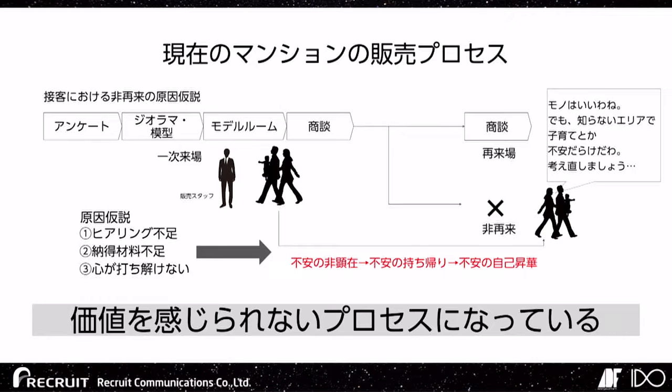However, the instructions of these apartments or mansions cannot be delivered correctly sometimes. So the reason behind this is, for example, that you don't know what they want, or it's not convincing, and the instructions of that room are not delivered in a proper way. So the customers have some concerns, and because of the concerns, they cannot find the values.